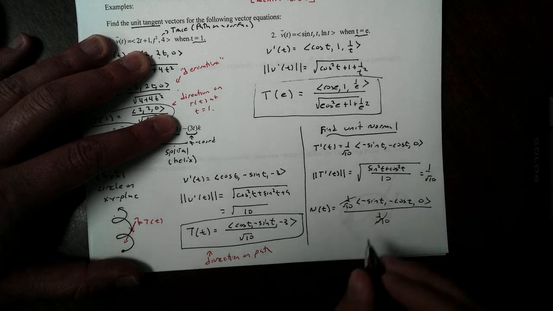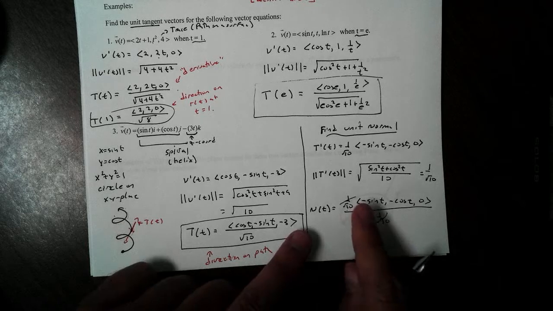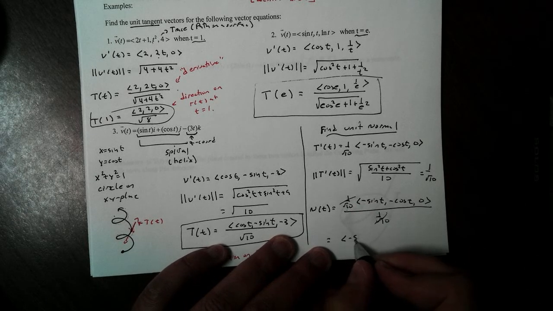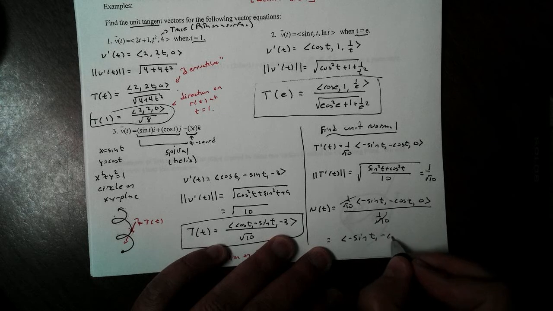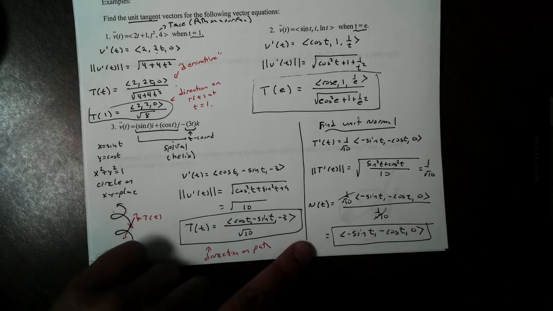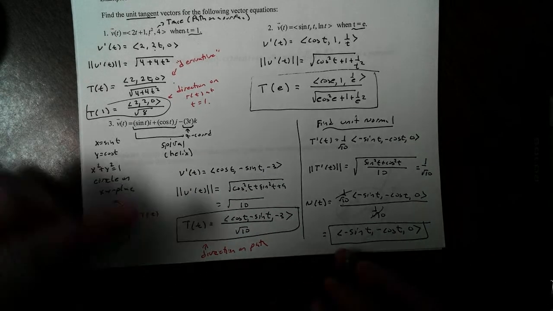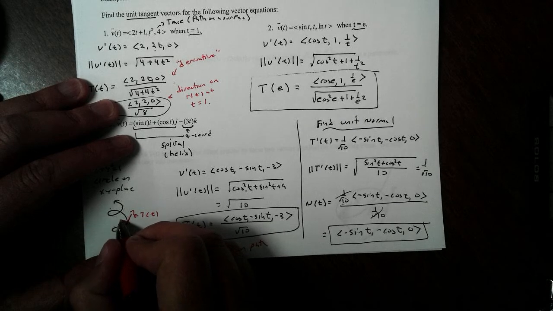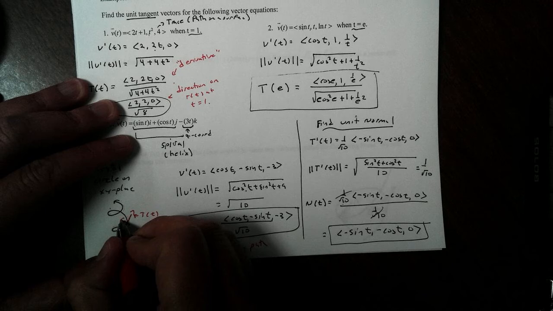And yes, those cancel out. That's what's nice about circles. Those will always cancel. And what we're left with is negative sine of t, negative cosine of t, 0. Now remember, this is in the direction of my acceleration, which in this case, in our spiral, will be pointing towards the center. Right there.